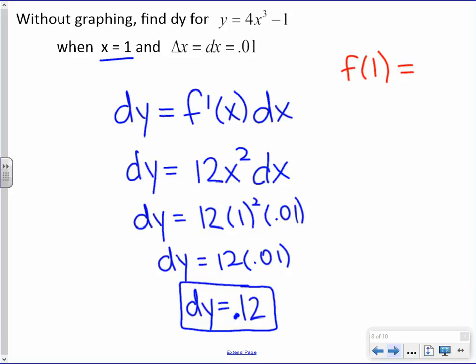What is f of 1? Okay, so what can this dy tell us? How can we use dy and the other information to give us something about the graph?